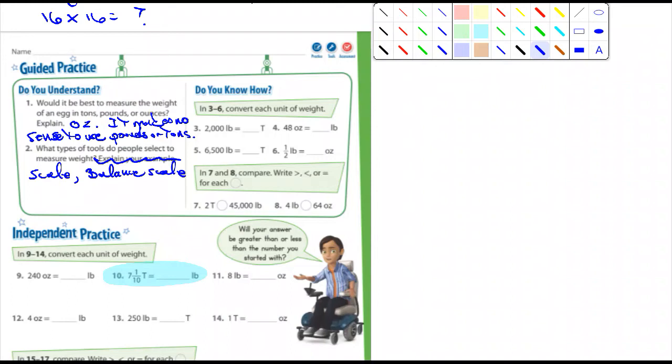A balance scale, yeah. If you put grams on one side or ounces, and then if it levels out, you know it weighs the same amount as what you've got on the other side. Yeah, you can get pretty exact.